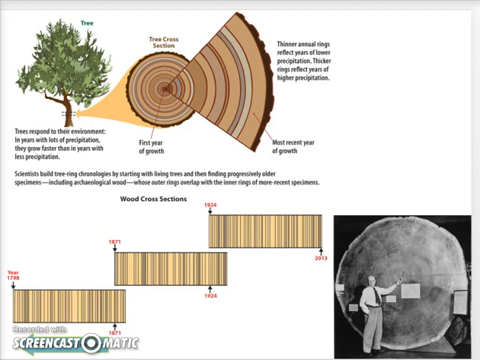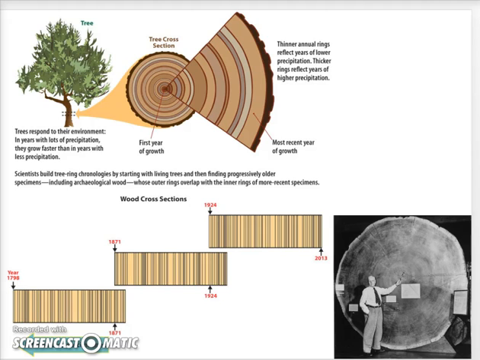This cross-dated sequence, called chronologies, varies from one part of the world to the next. In the American Southwest, the unbroken sequence extends back to 322 BC.